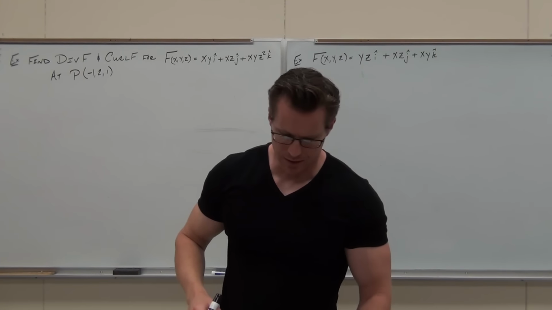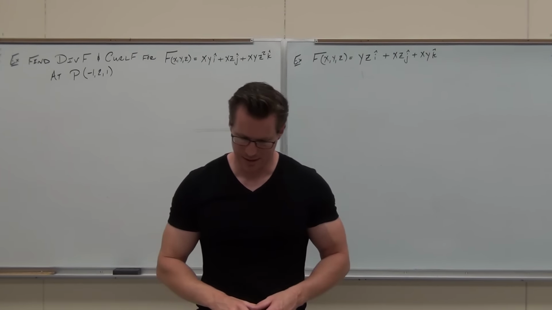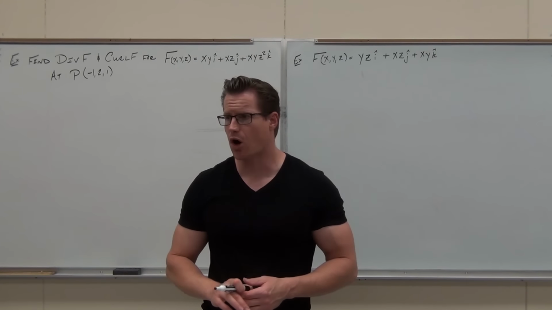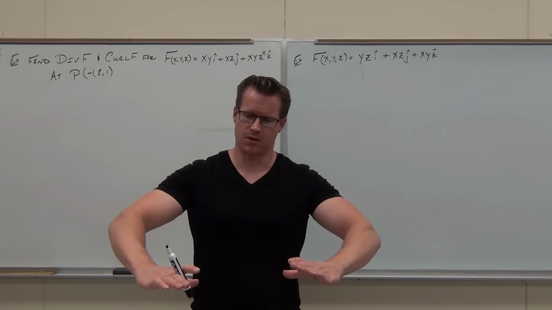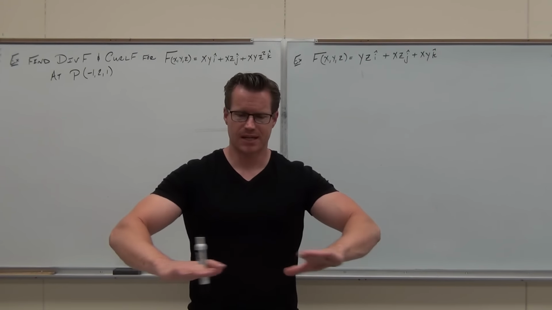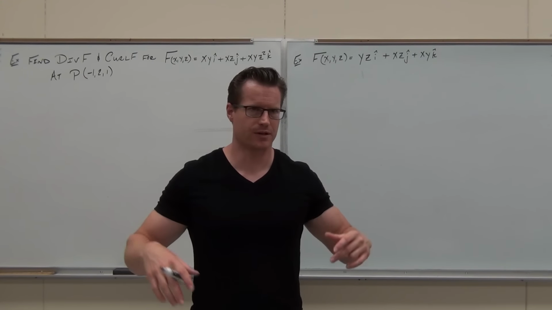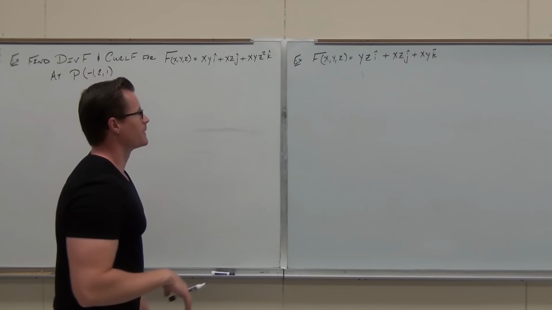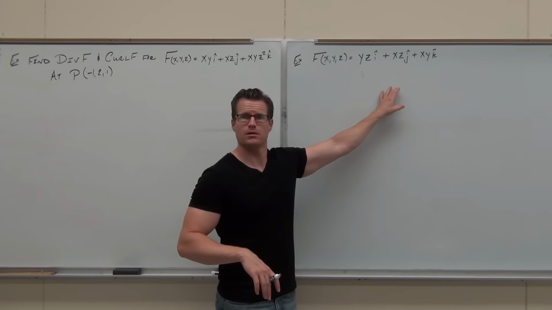The only reason we're not drawing these is because they have z components. They get kind of nasty to draw. The other ones are the same level curve, if you will, of the vector field the whole way along the z-axis.